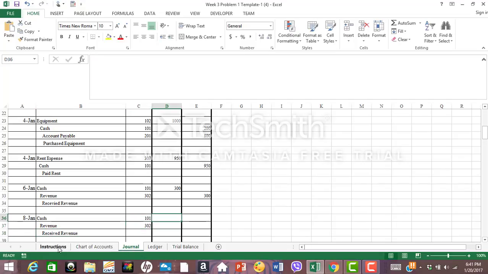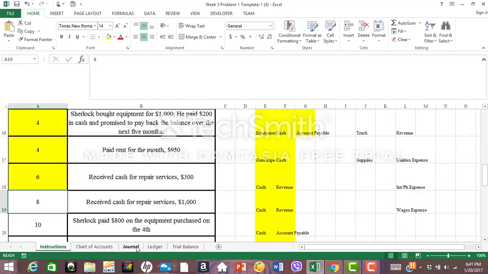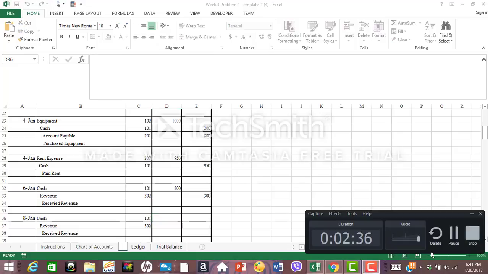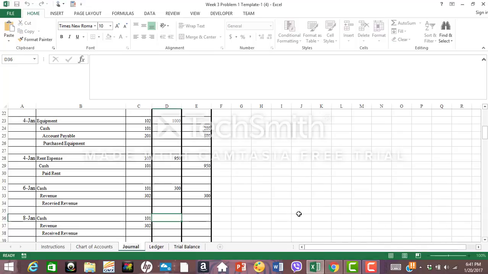I believe it was for $1,000. It was for $1,000. So cash would be, oops, not there. Okay. It would be $1,000 under the debit, $1,000 under the credit.